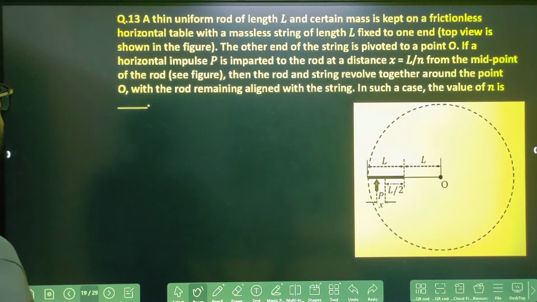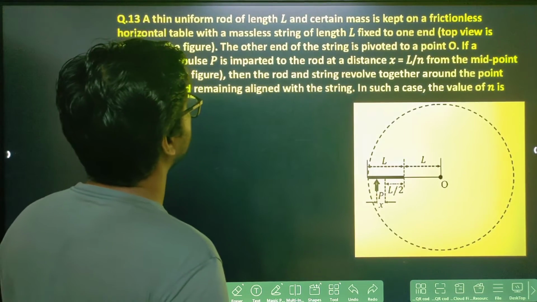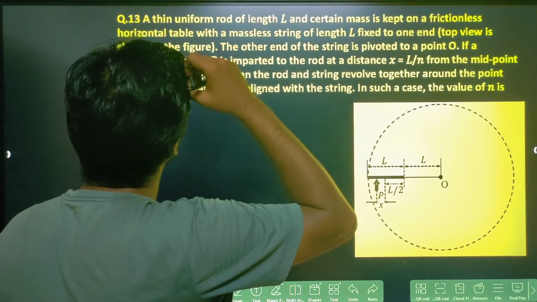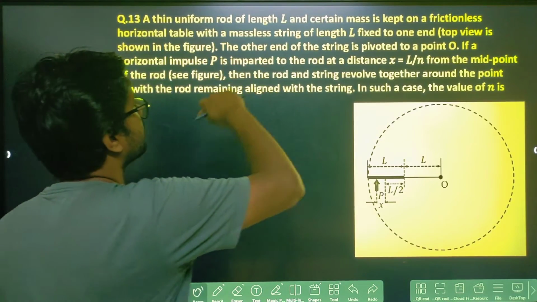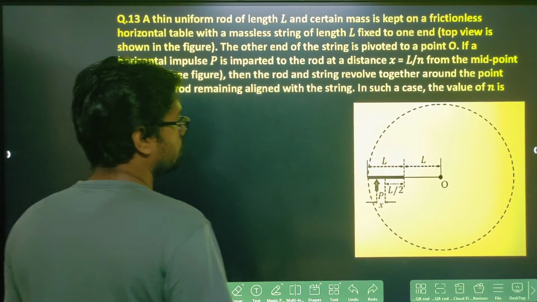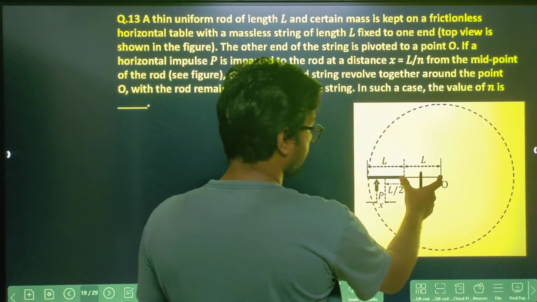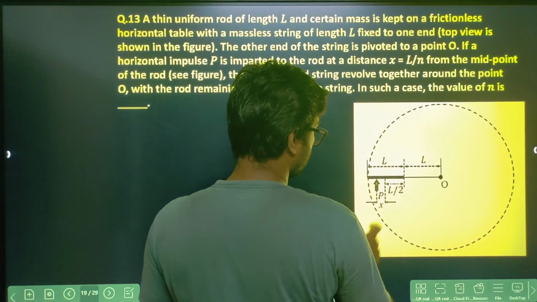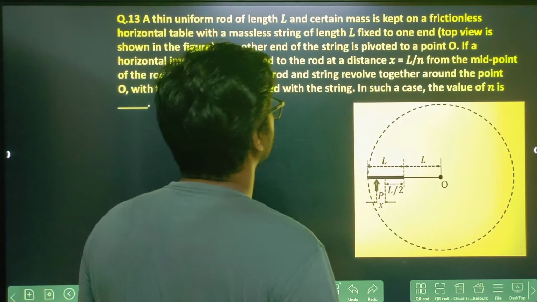A thin uniform rod of length L and certain mass is kept on a frictionless horizontal table with a massless string of length L fixed to one end. So they have given this one. This is your string of length L and this is your rod, that is again length L, right?